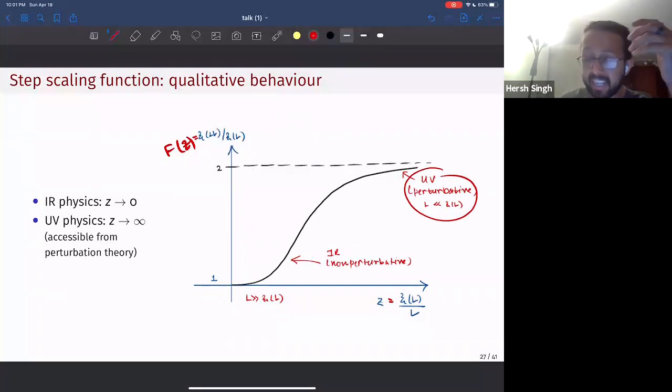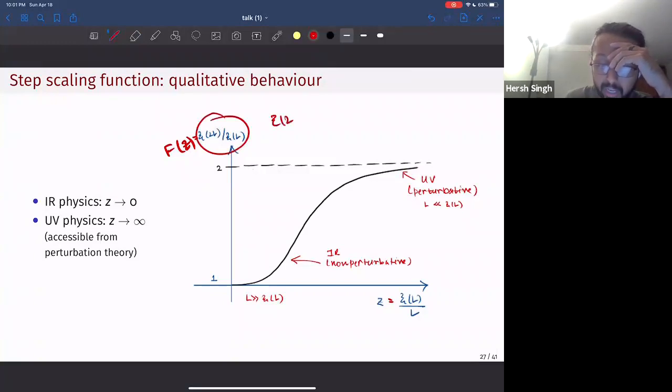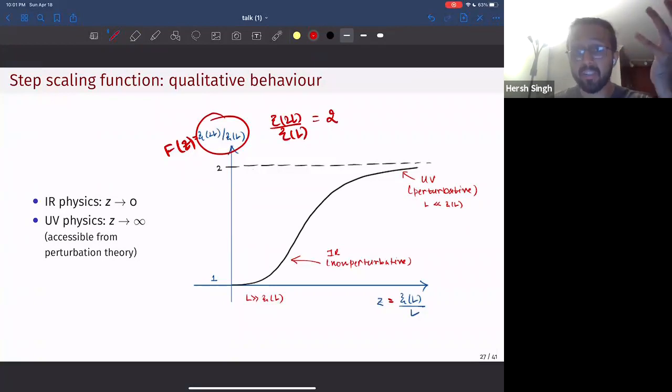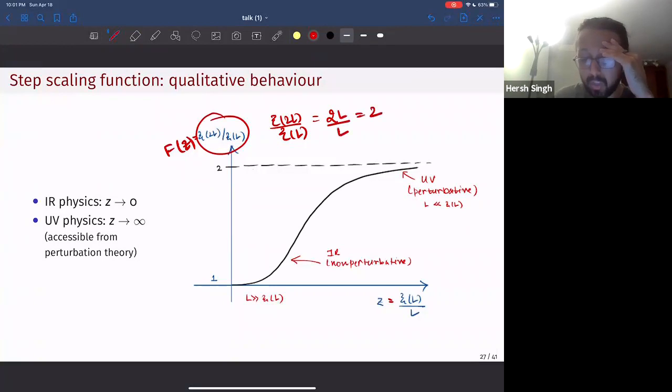If it's scale invariant, then a ratio of this kind, ξ_2L over ξ_L, will just be 2, because that's what scale invariance does. There's no scale in the theory, the only scale is L, so this is just 2L over L. That's why this approaches 2 in the UV.